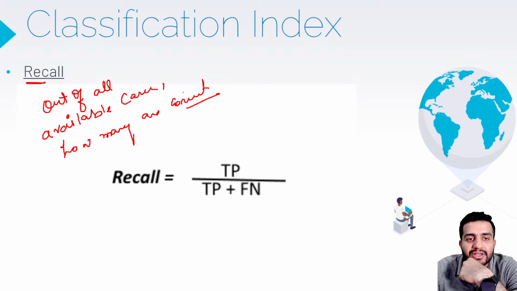So now there's a difference here. In precision, we were talking about out of all the predicted cases, but in recall, we are talking about out of all available cases. So what are my available cases here? Available cases come from the calculation of my actual part.